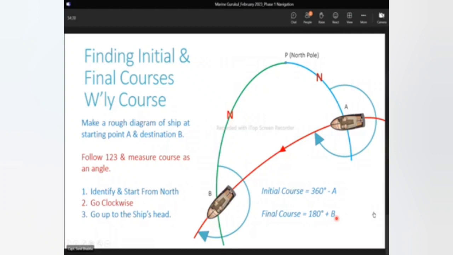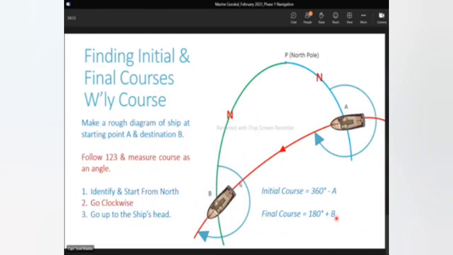So you can see now how knowing the initial and final angles, angle A and angle B, helps us to calculate the initial and final courses. You can also find it in a different way. You can consider it in a different way.